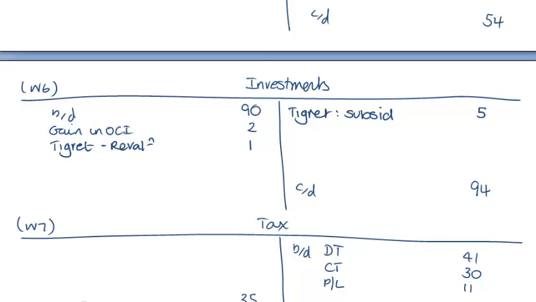We're told the fair value of the NCI was 20. That ties in to the figure of 20 in our statement of changes in equity. That's a non-cash item. We don't have to adjust for it. The purchase consideration was cash of 15 and shares of 15.